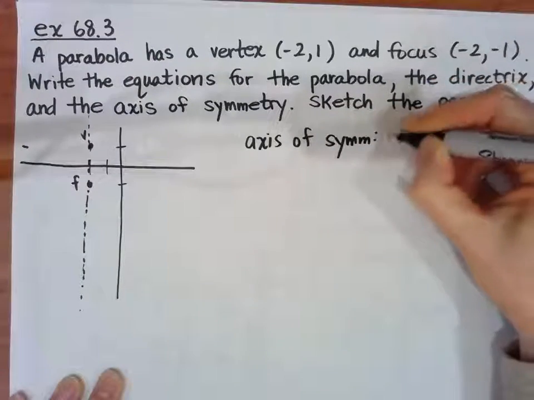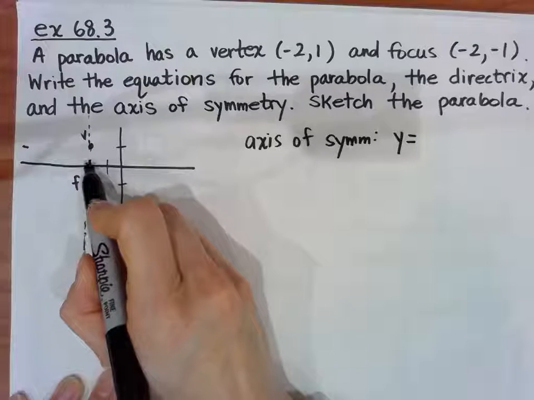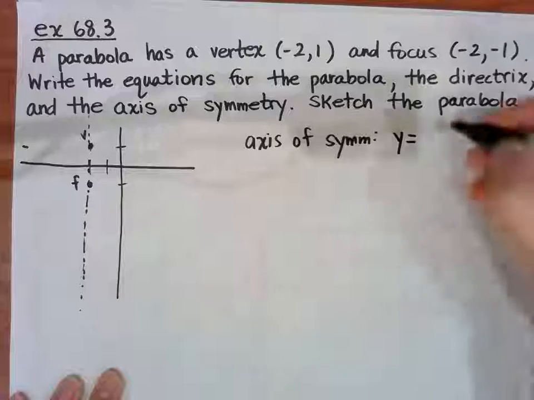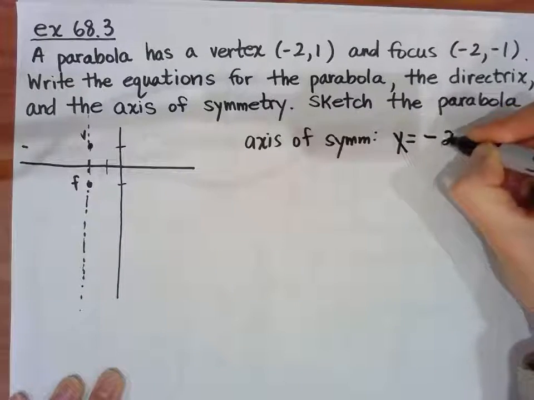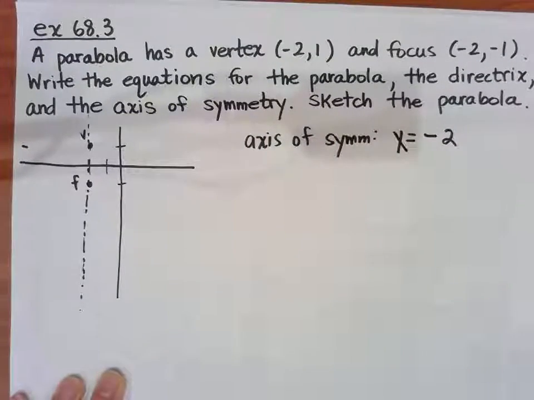So the axis of symmetry is going to be, whatever the x value of both the vertex and the focus are. So, sorry, not y, but x equals negative 2. Clearly it's the x value, not the y. Okay, so that takes care of the axis of symmetry.